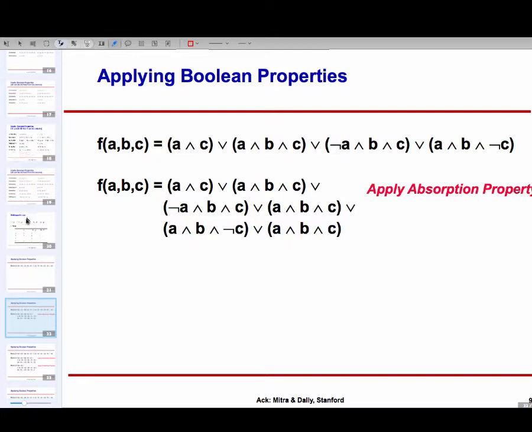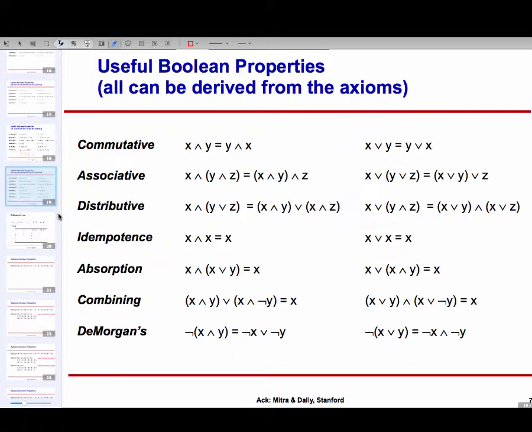Again, let's stare at absorption for a moment. Absorption is basically saying that if I have something, then I can OR or AND it with something else, and it doesn't really matter. So x is the same as x and (x or something).